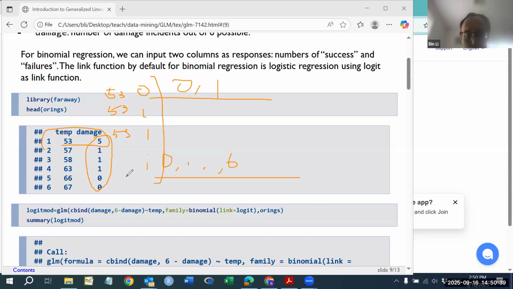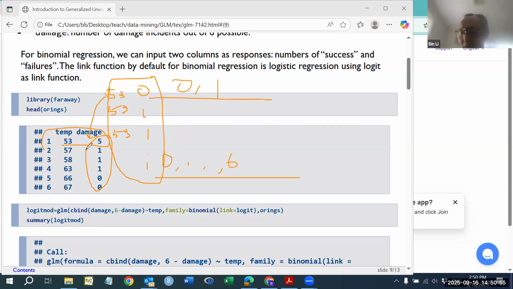That's actually the first 6 data points. So the first row actually means these 6 rows here, which follow 0, 1.